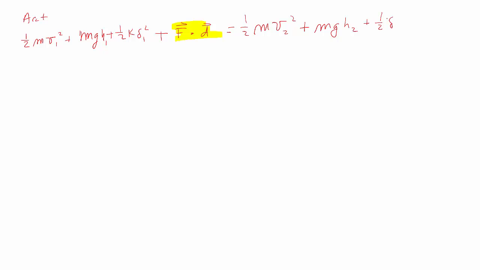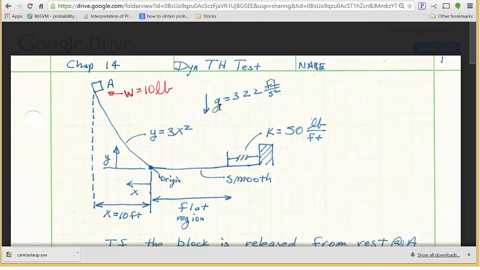Just so happens that there is no spring. So all you're doing is identifying the initial velocity, the initial kinetic energy. If you look back at this problem, the whole thing is smooth. Everything is smooth. If you'll notice, it says the surface is smooth.